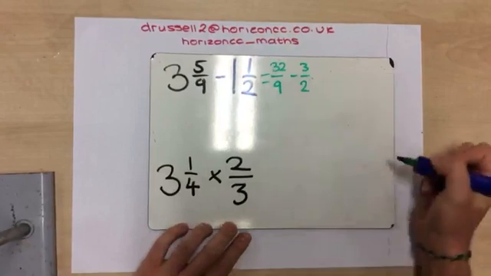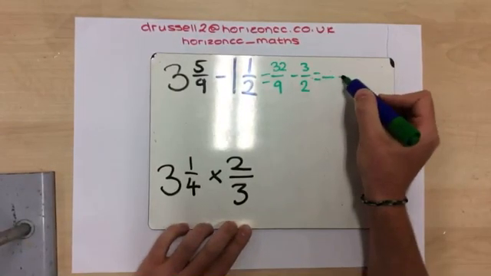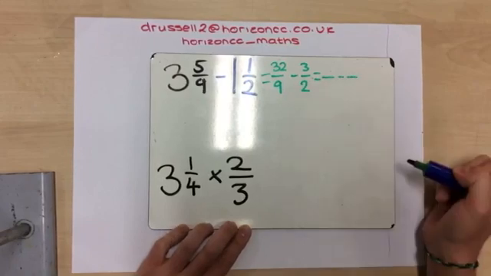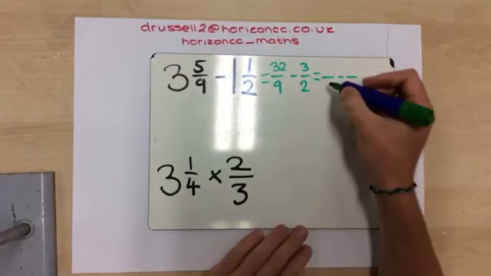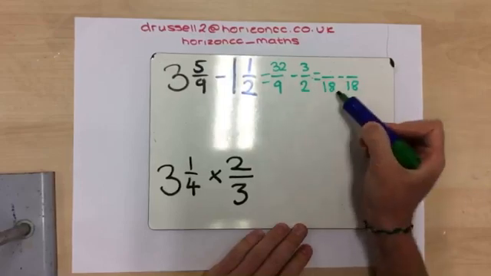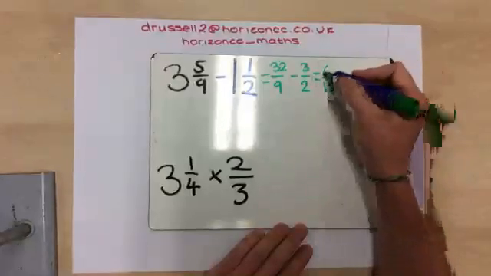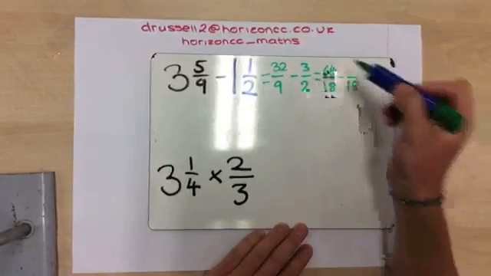Once we have them as top-heavy fractions, it is far easier to then consider that we will be working on a single common denominator. So 9 and 2, that would be 18. Double my 32, giving me 64. 2 has been multiplied by 9 to get 18, so I need to do the same to the 3.